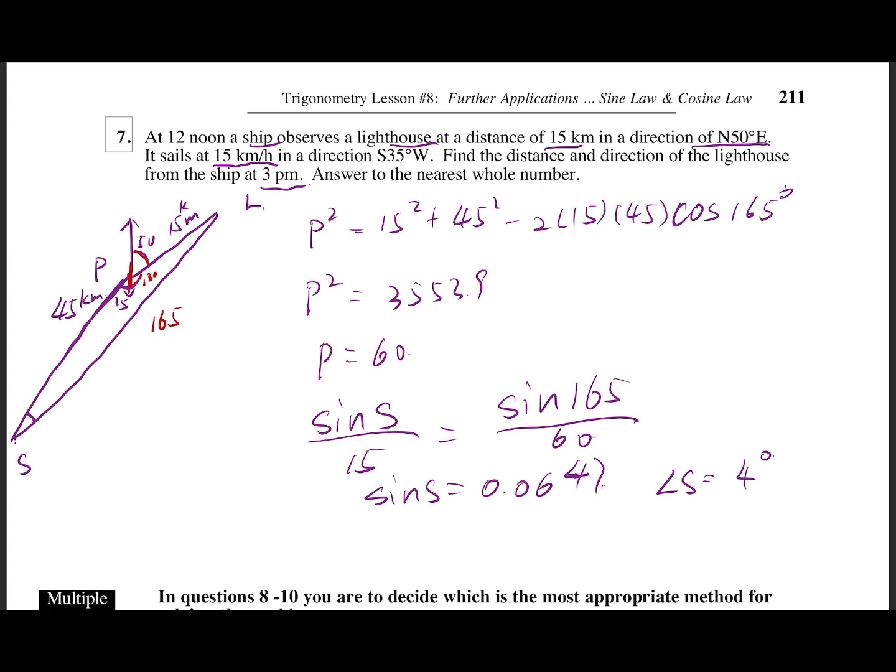And then because we need to find the direction, this one is north and this is north, and at the beginning we know this one is 35 degrees, an alternate angle, so this is 35, and also this part is 4 degrees, so it's 35 plus 4, which is 39 degrees. So the direction is north to the east side, 39 degrees.